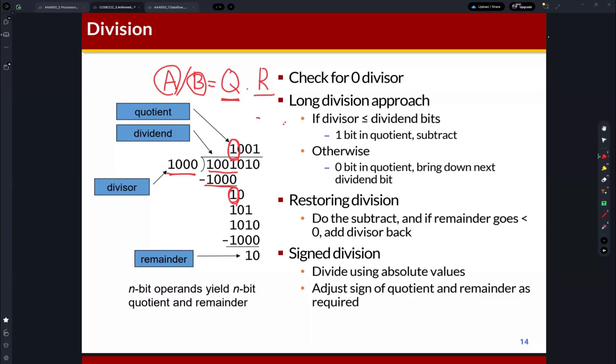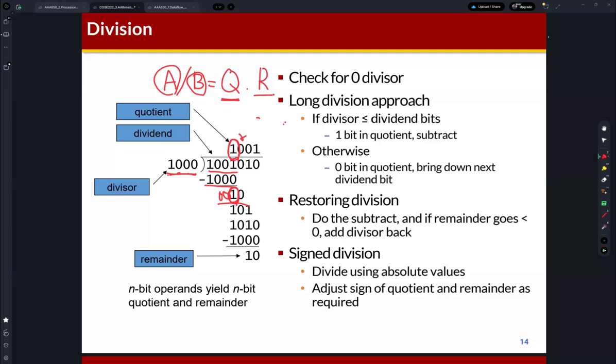Actually, we then compare 0010 with the 1000, but 0010 is smaller than the divisor, so quotient 0 is generated. And because this dividend is smaller than the divisor, we do not perform subtraction.